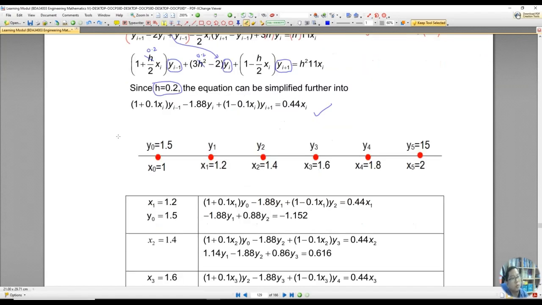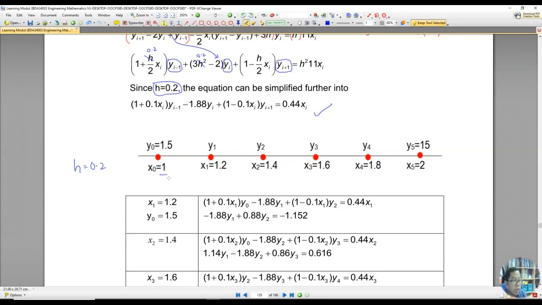Then you have to show some grid like this, point by point. We start from x_0 equal to 1 until x_5 equal to 2. How we get x_0, x_1, x_2 is based on h equal to 0.2.